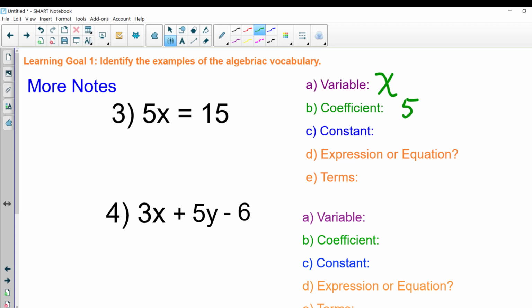What's the constant? Did you say 15? Good. It's not the 5 because see the 5 is attached to the variable, so that's the coefficient. Is this an expression or equation? Equation because it has a what? Equal sign. And what are the terms? 5x and 15.